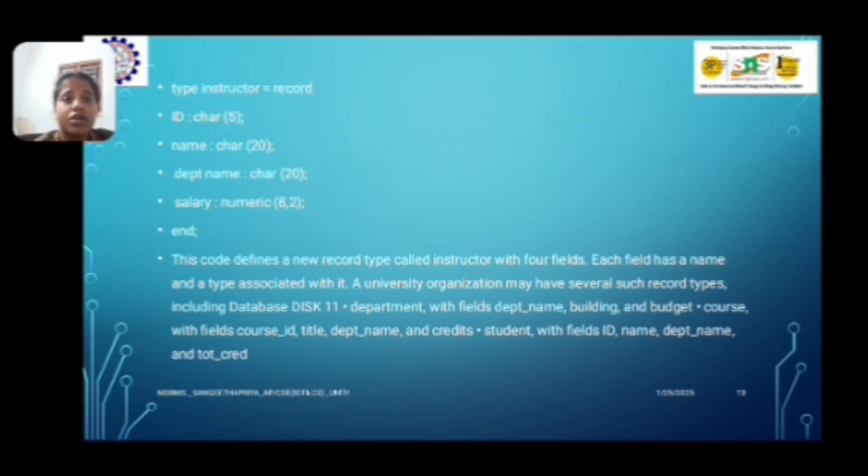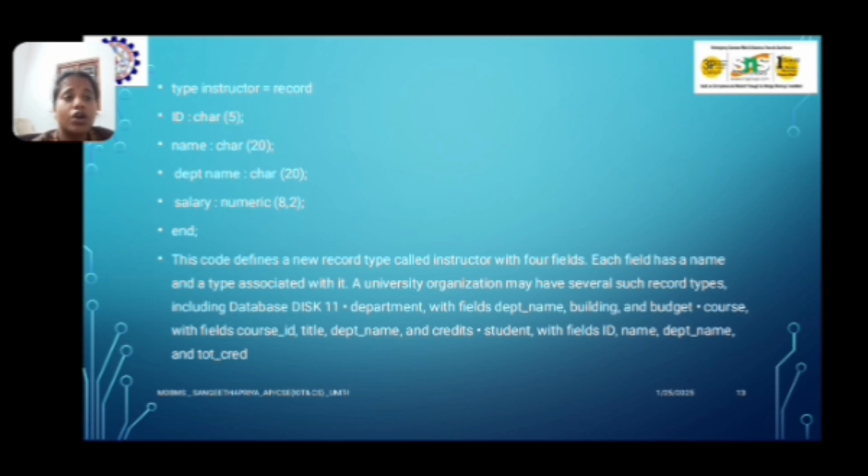Type instructor equal to record. ID is a number and it should be within 5 digits. Next one is a character field, it can be up to 20. Department name, salary, numeric, end. This code defines a new record type called instructor with 4 fields. Each field has a name and a type associated with it.